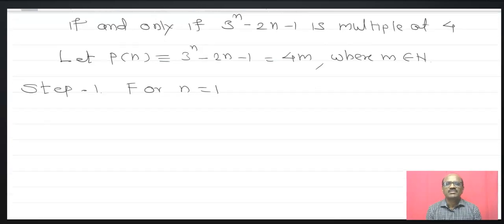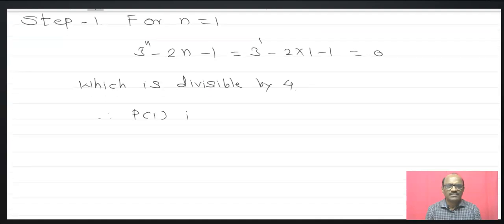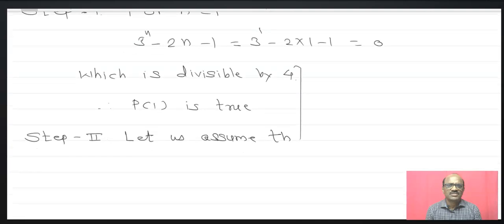Now step number 1, for n equals 1, 3 raised to n minus 2n minus 1 is equal to, if we substitute n equals 1, 3 minus 2 into 1 minus 1, that is equal to 0, which is divisible by 4. Therefore, P of 1 is true. Now the second, which is the assumption step.